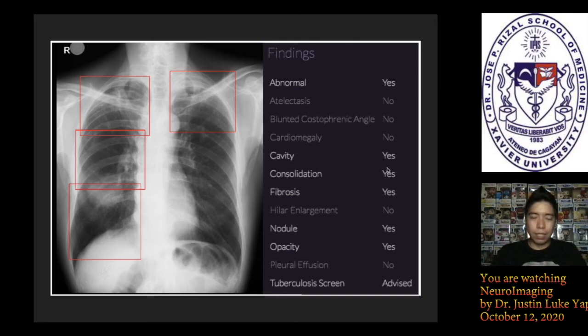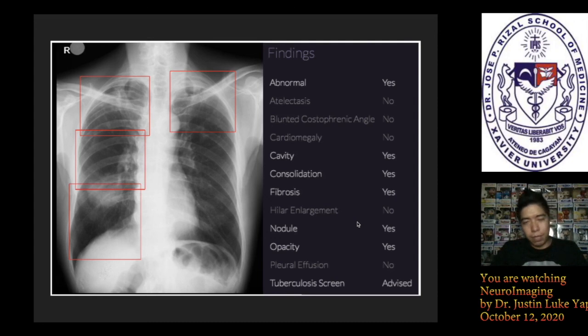The disadvantage is, of course, that AI is only limited to these parameters. The only purpose of the software is tuberculosis. So if you have other pathologies in the chest, that will be outside the scope of the software and it will not be able to diagnose them properly.